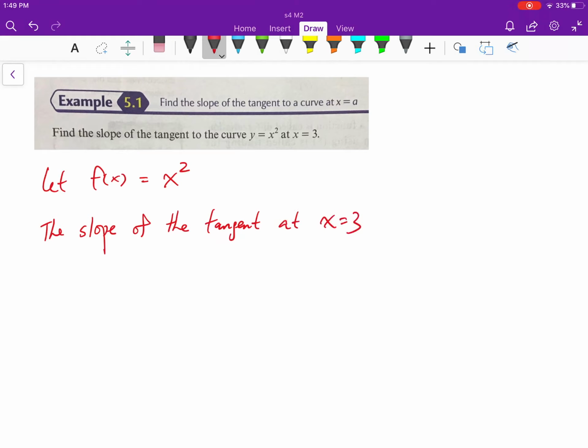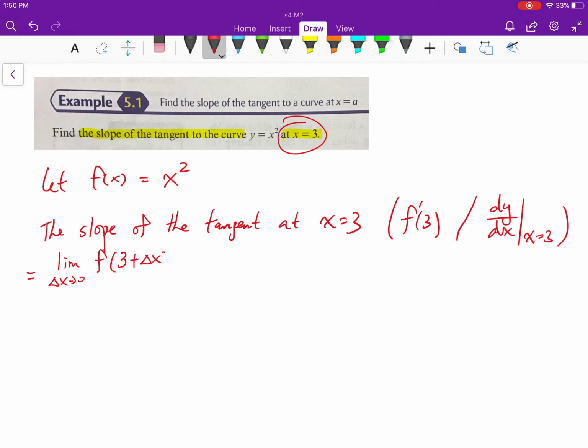Then we find what we need, the slope of the tangent at x equals 3. Here you can also write f prime of 3, or dy/dx when x equals 3. They are the same actually, but usually we follow the question, so we write it this way: the slope of the tangent at x equal to 3.